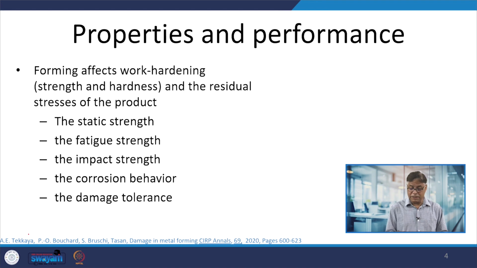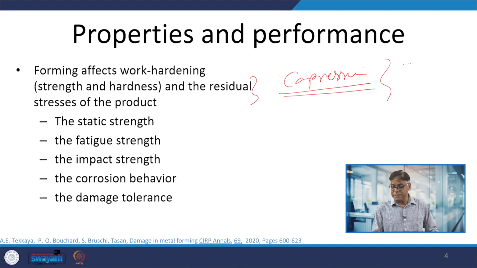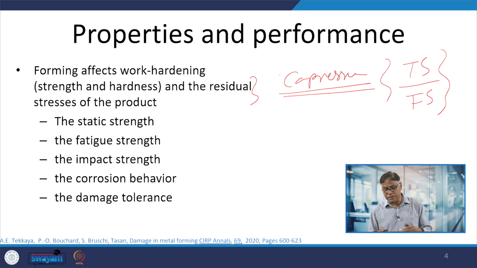Most of the time the residual stress developed is compressive. When compressive residual stresses develop, they enhance the tensile properties and the fatigue strength under tensile load conditions, because the compressive residual stresses act against the externally applied tensile stresses, whether static or fluctuating type.